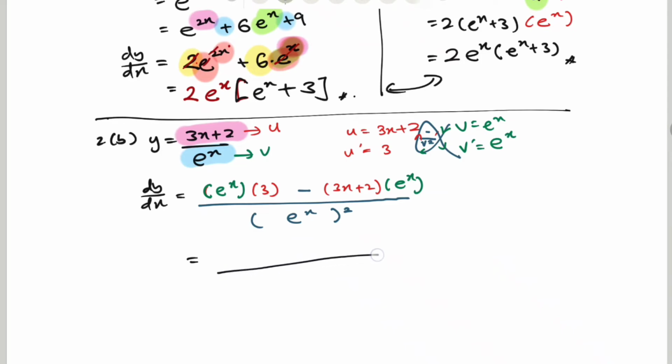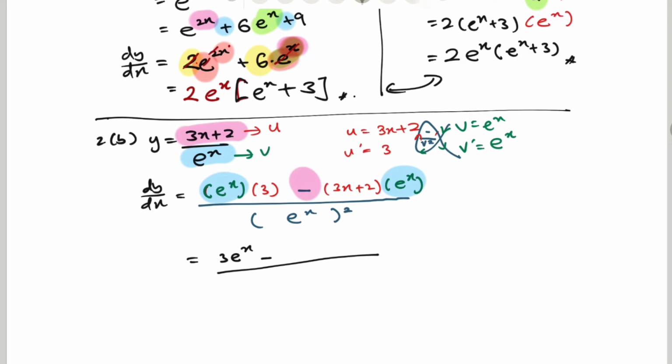Now, what you need to do is just to simplify. 3 times e to the power of x minus, wait, hold on a minute. I can see that here I have e to the power of x and e to the power of x, where the minus sign is in the middle.